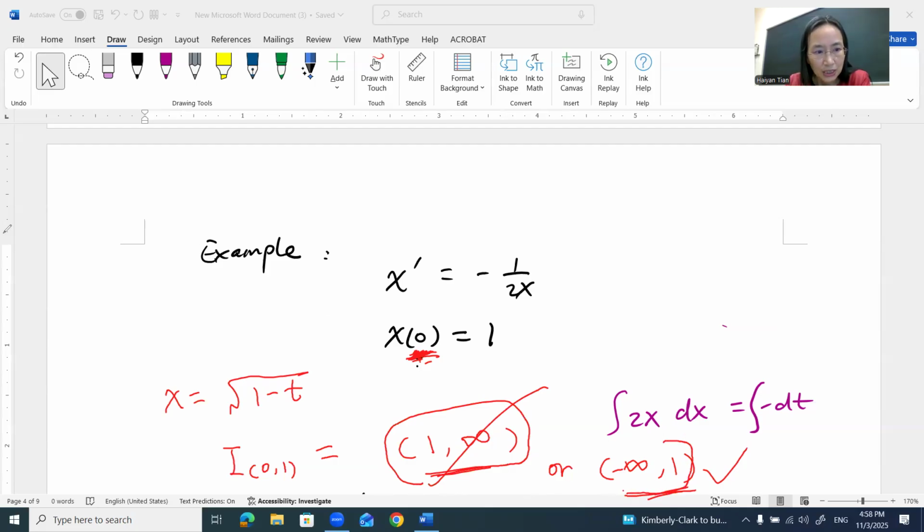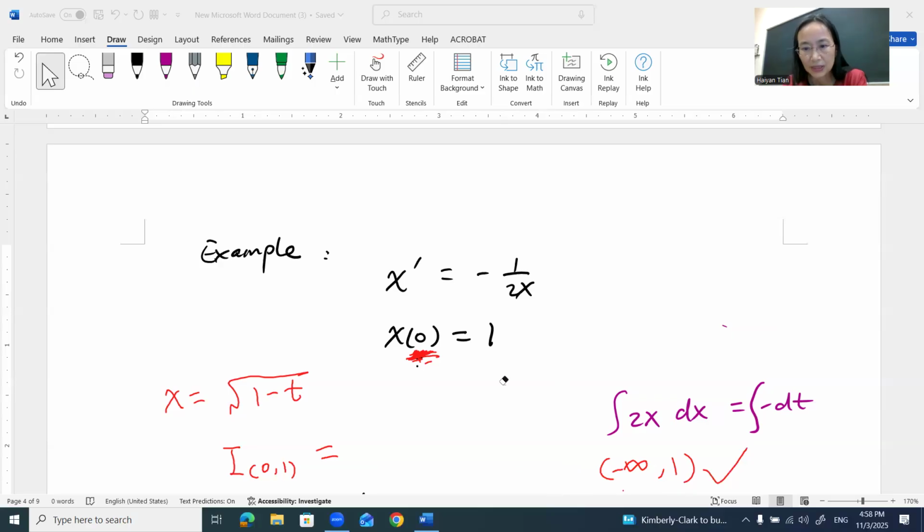Then we choose the maximum interval of existence to be the second part. So we erase the previous option, then that's the maximum interval of existence.